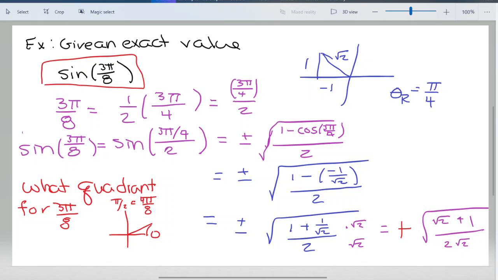Like I said at the very beginning, you need to decide yourself whether you're choosing the positive or the negative, and we choose that using the quadrants. So 3 pi over 8 is in the first quadrant, where all of the trig functions are positive, including sine. So we're going to give this a positive value. We'll talk about that more in class, and I will see you then.